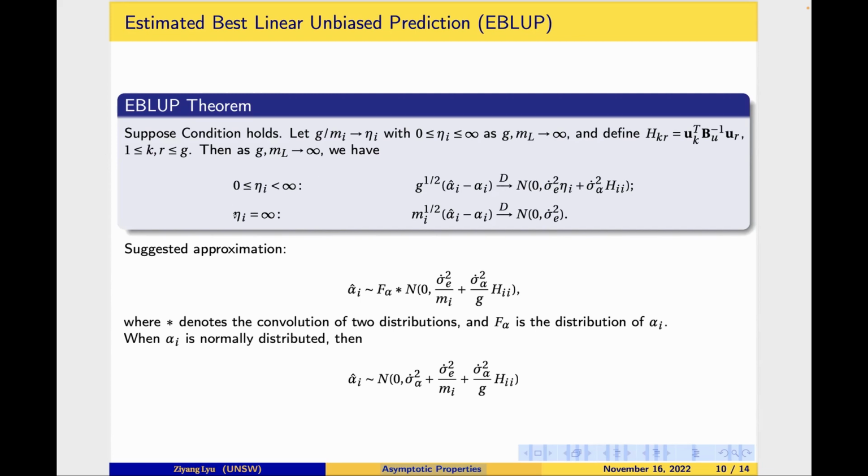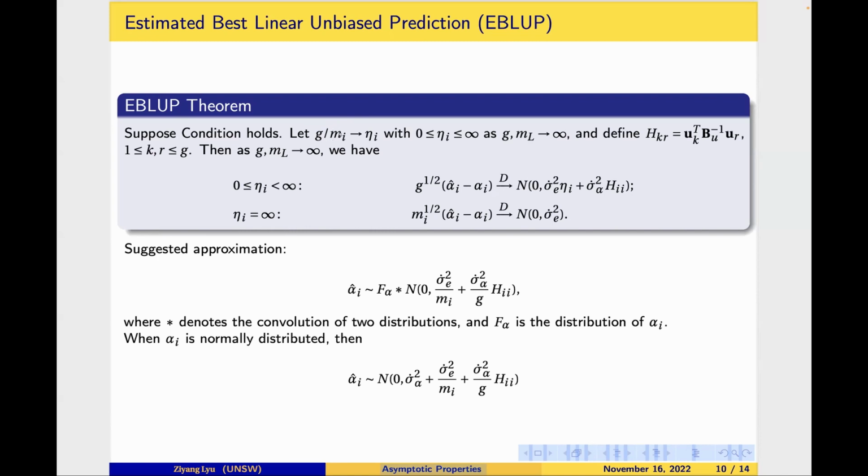The first scenario is when eta i is a finite number, so G^(1/2) multiplied by (alpha i hat minus alpha i) has an asymptotic normal distribution with mean 0 and variance sigma_e squared eta i plus sigma_alpha squared h_i. And if eta i goes to infinity, that means G goes faster than Mi.